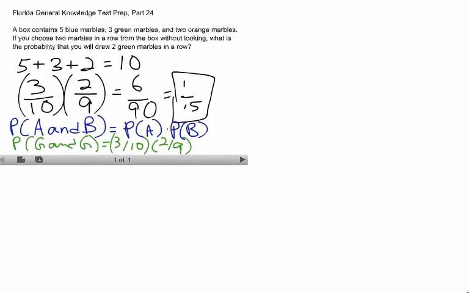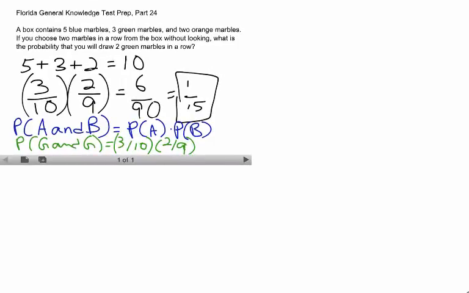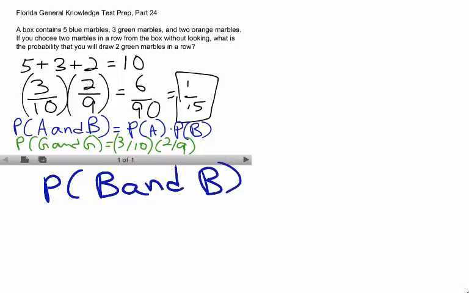Let's consider a different scenario using our marbles. Suppose I wanted to find the probability of drawing 2 blue marbles in a row. Well, then that would be the probability of drawing a blue and a blue. We know that there are 5 blue marbles in the box out of 10 altogether.